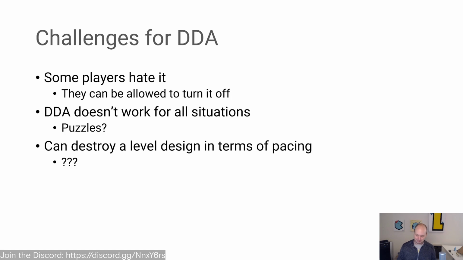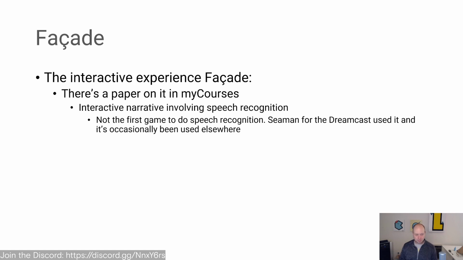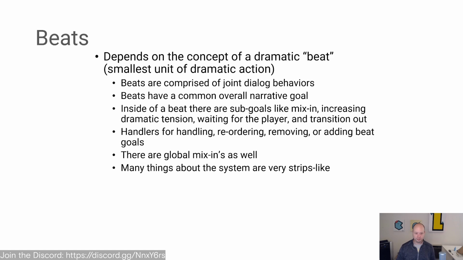So it's complicated. There's a paper on this game, Facade, which is really cool. It came out a while ago, and it was all about dialogue and things like that. It's really cool because it talks about speech recognition and narrative, and it's not the first one, but it's one of the early ones, and it's been a notable example of that.